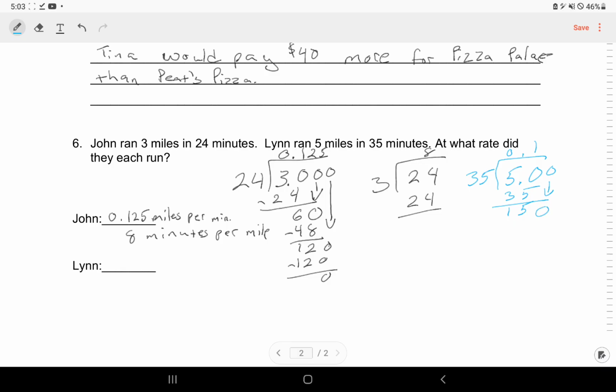And so, let's see, 4 times 0, 12, so 140. Two times, and so 0.142 miles per minute.